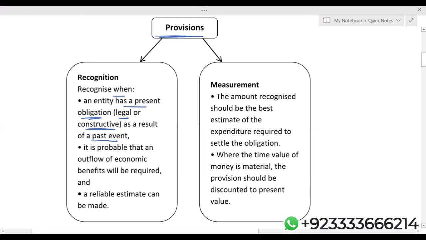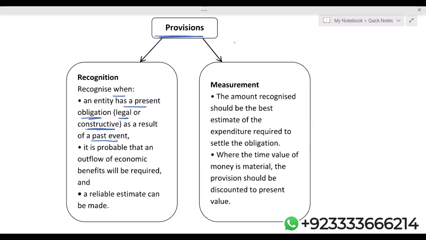Legal, we know, is by contract or by law. But constructive basically means an obligation which arises due to past practices of the company, or due to a public statement of, let's say, the BOD, or due to the policies of the company.